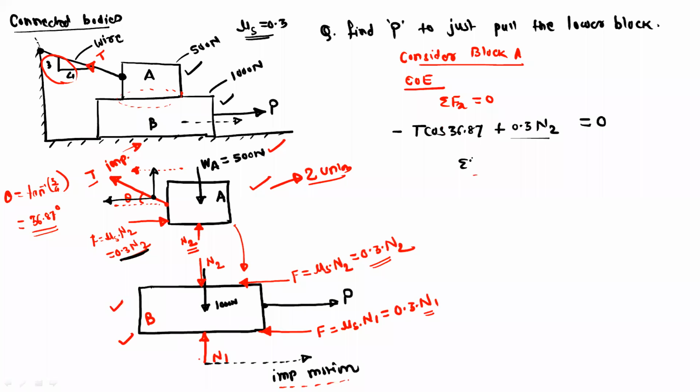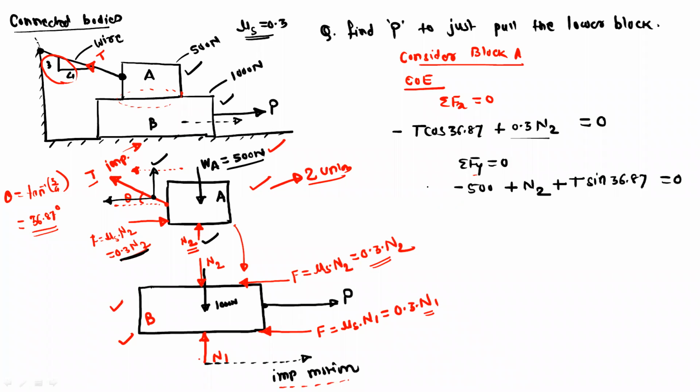For summation Fy equals 0, we have Wa, which is minus 500 Newton, then normal reaction plus N2, and plus the Y component of tension, plus T sin 36.87, equal to 0.